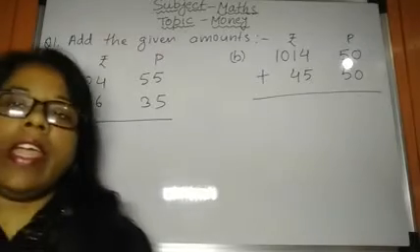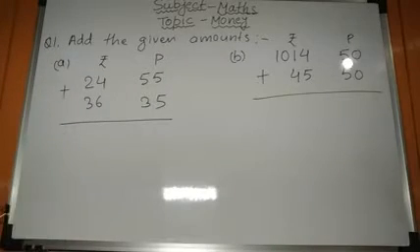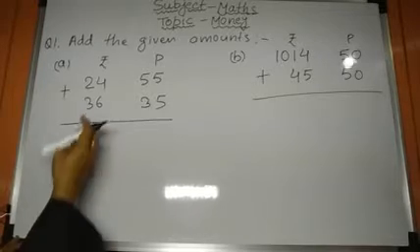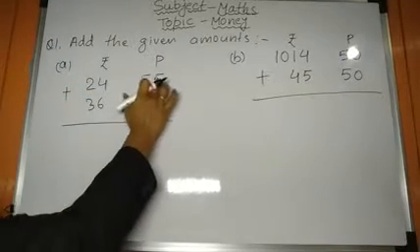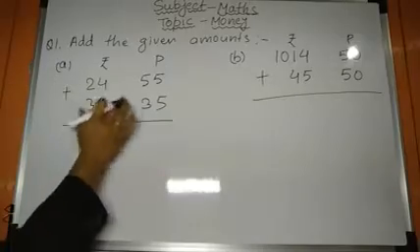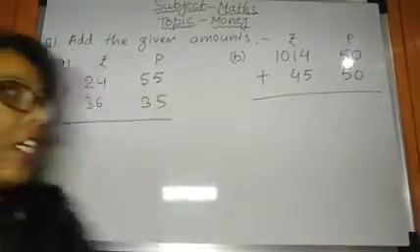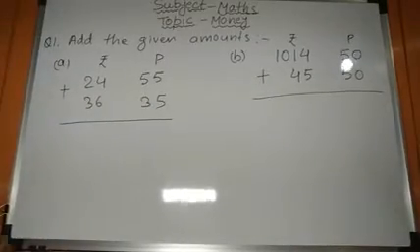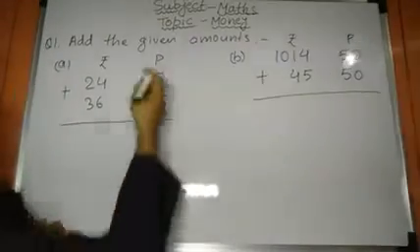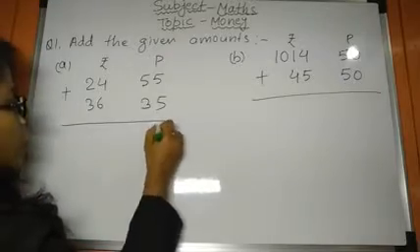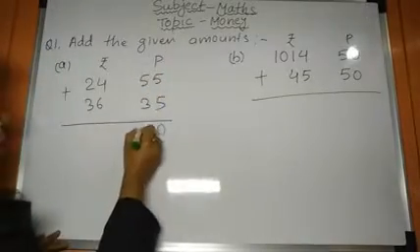So friends, here I have taken one example of addition of rupees and paise. There is 24 rupees 55 paise and 36 rupees 35 paise. You have to add these two. First of all, we will add paise. 5 plus 5, 10, 1 carry, 5 plus 3, 8 plus 1, 9.